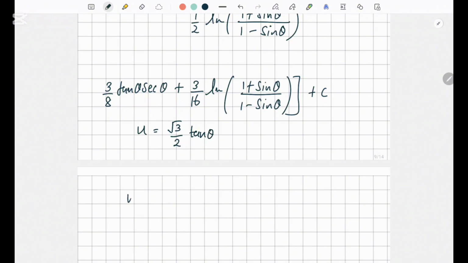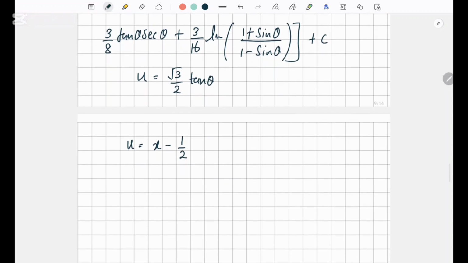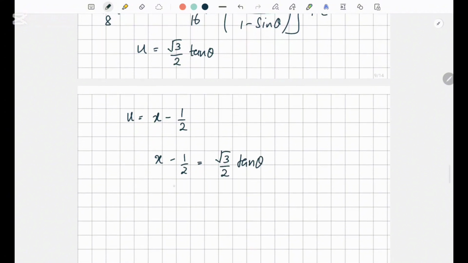And we also had u equals x minus half, right? That was our first substitution. So x minus half equals root 3 over 2 tan theta. Therefore, you can write 2x minus 1 over root 3 equals tan theta.